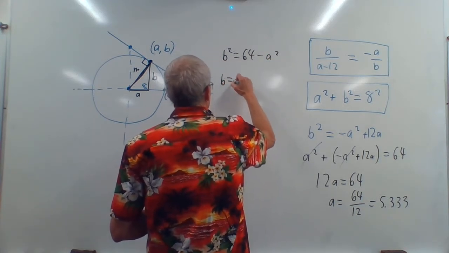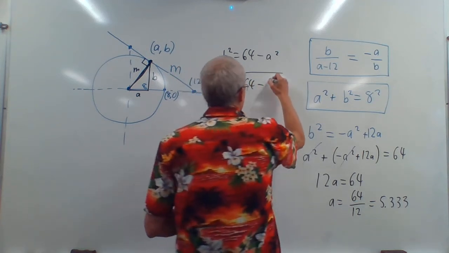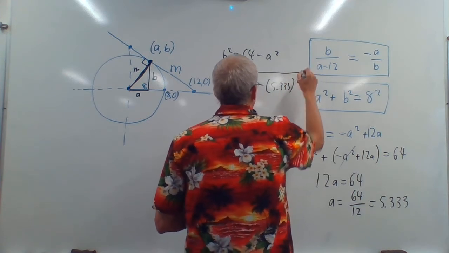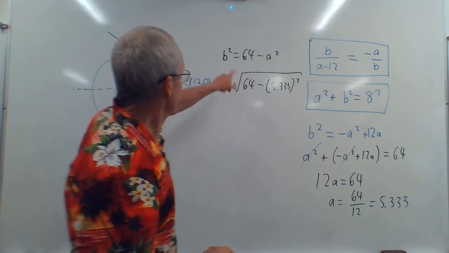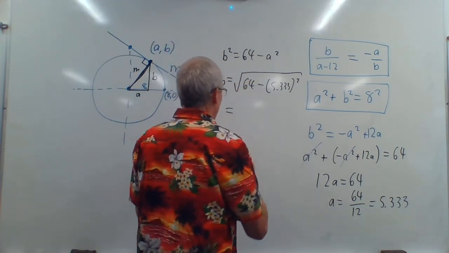So B is the square root of 64 minus a squared, 5.333 squared. Yep, that's right. B squared is 64 minus a squared. Okay, so what is that?